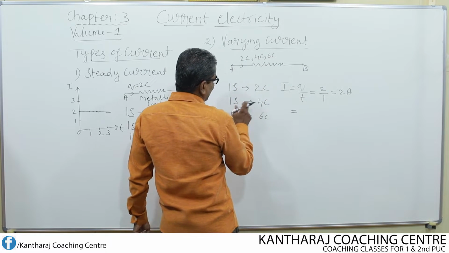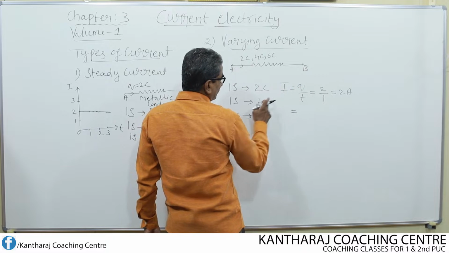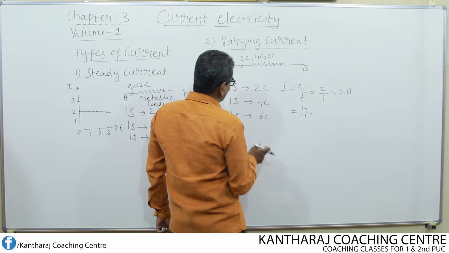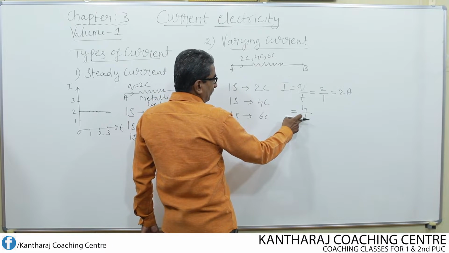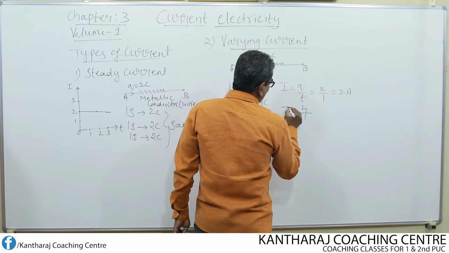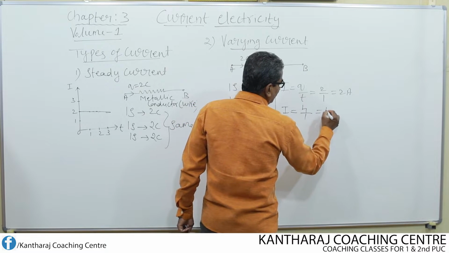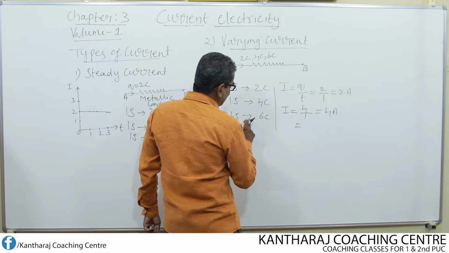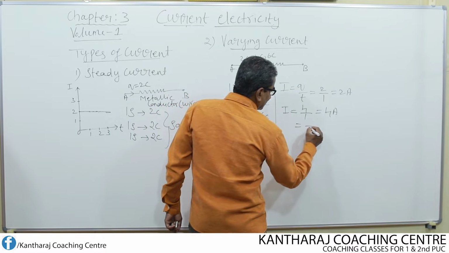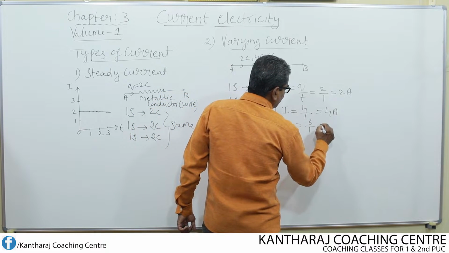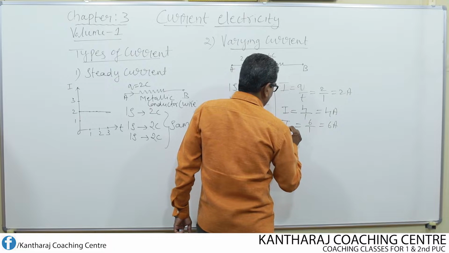Next 1 second, the amount of charge that flows is 4 coulomb, 4 by 1, which is equal to 4 ampere. In the third second, the amount of charge that flows is 6 coulomb. Now it is 6 ampere.